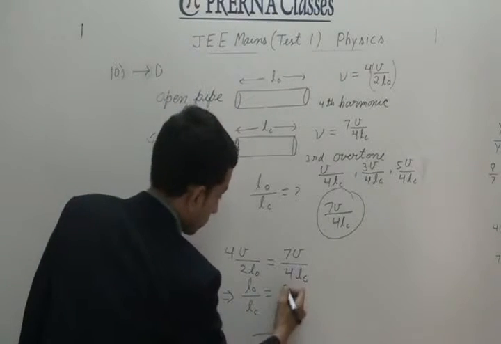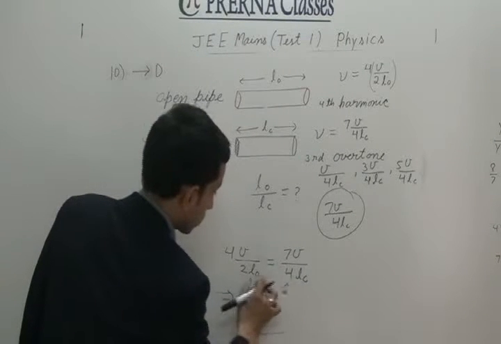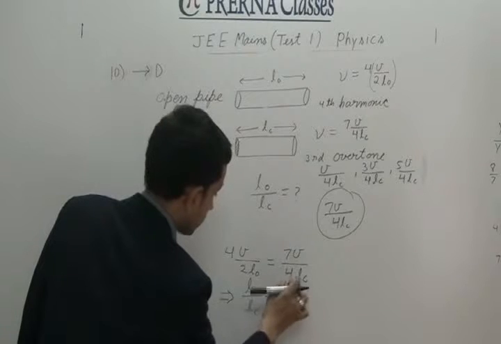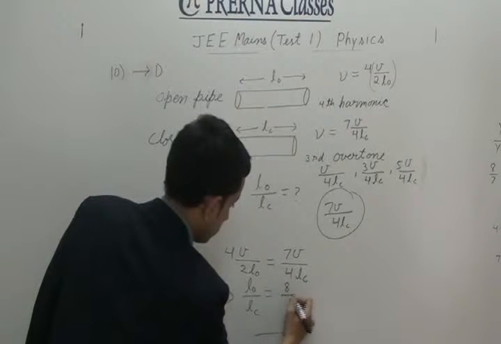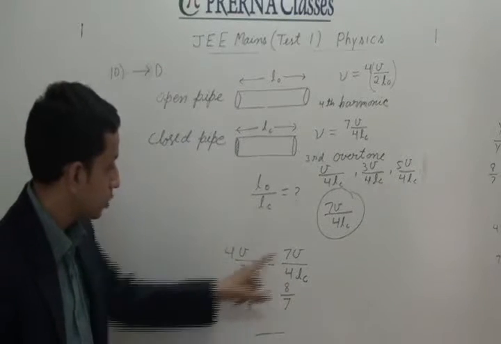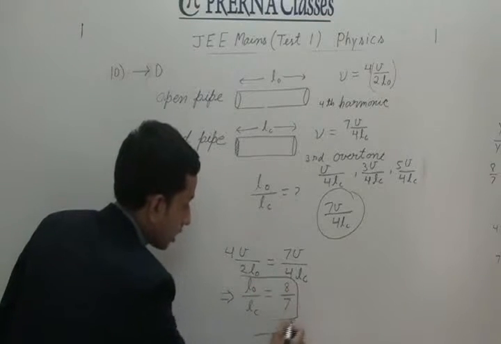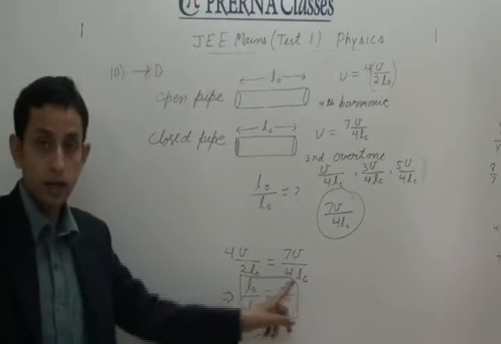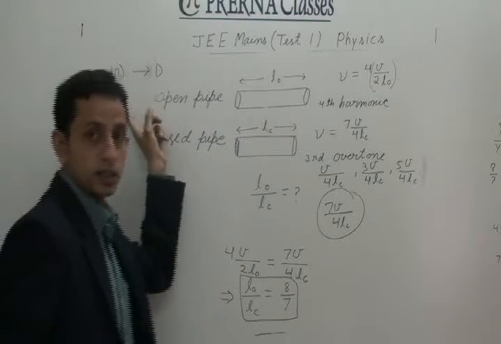We will take LO this side and we will get 4 this side and 2 this side and 7 here. So finally we will get LO by LC equal to 8 by 7, and the option corresponding to that is D.